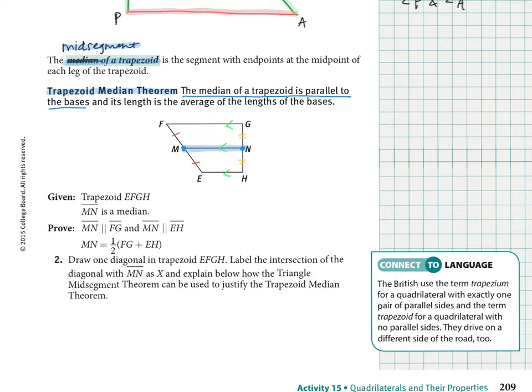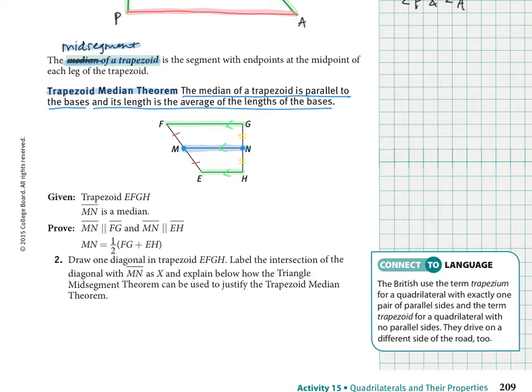It also says the length of that mid-segment is the average length of the bases. So we're going to have to figure out the lengths of those bases, add them together, and divide by 2, because remember, average is taking all of your results and dividing by how many you have, which is 2 bases.